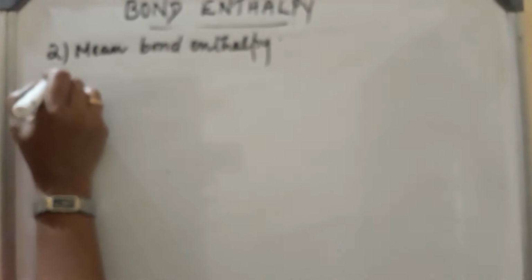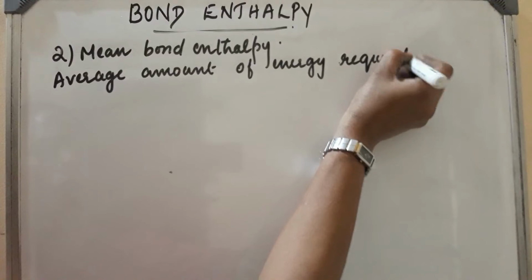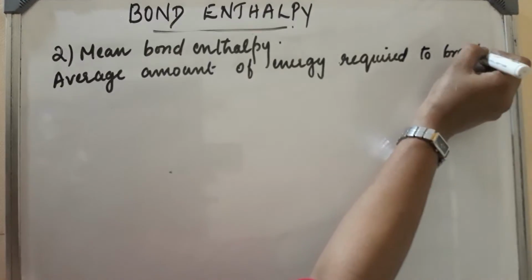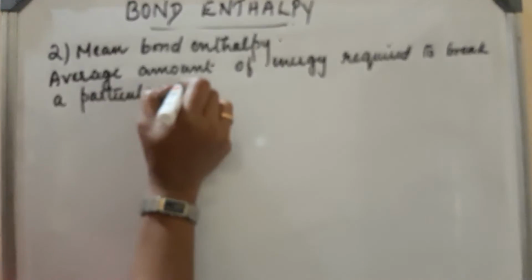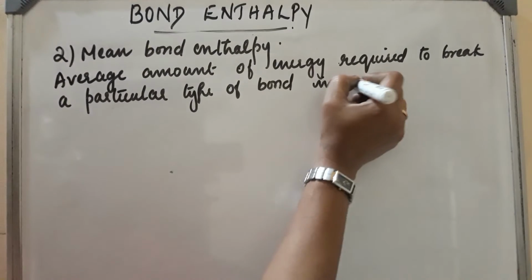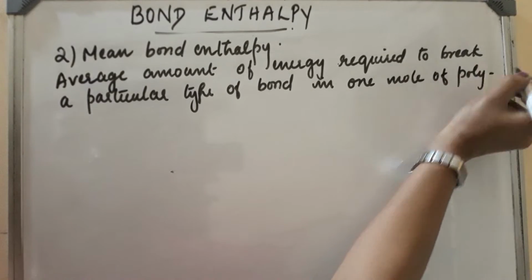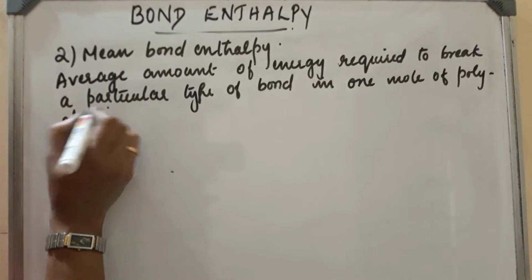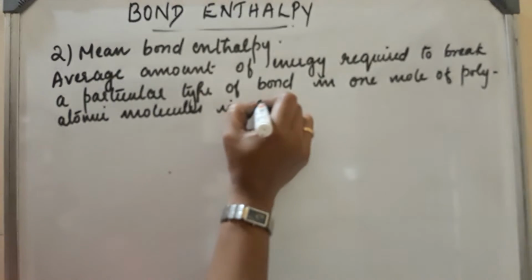Okay, so it is the average amount of energy required to break a particular type of bond in 1 mole of polyatomic molecule in gaseous state.